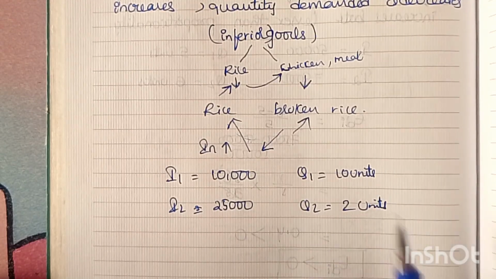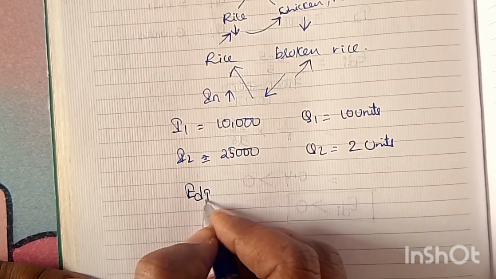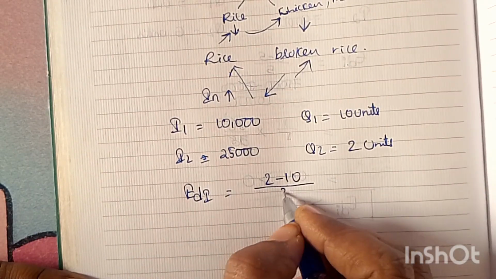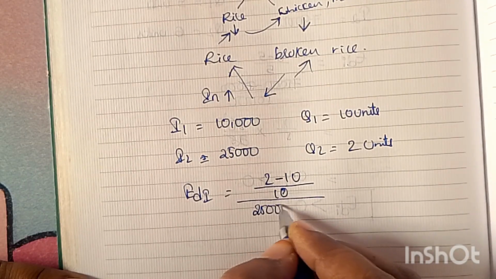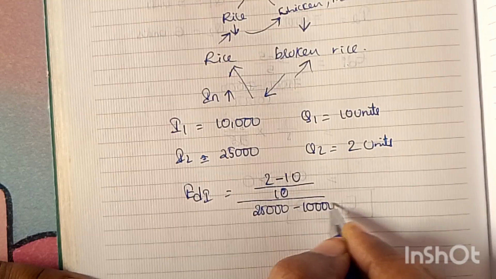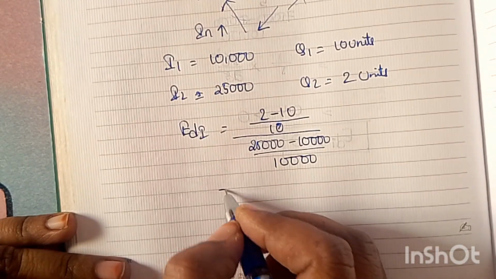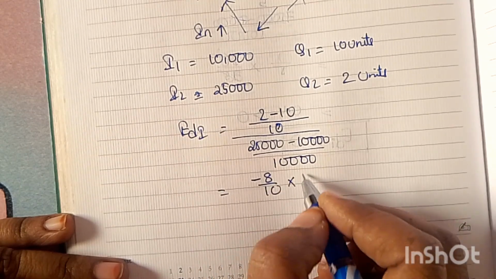So after applying the formula: 2 minus 10 by 10, whole by 25,000 minus 10,000 by 10,000, so minus 8 by 10 into 10,000.